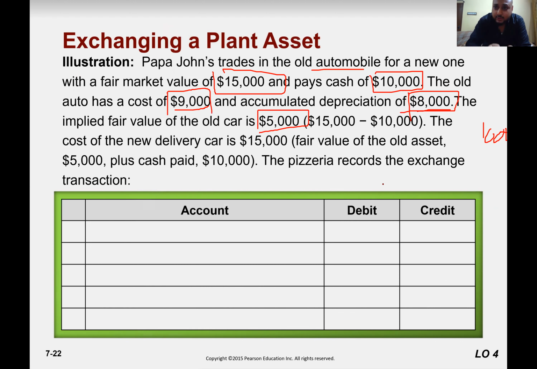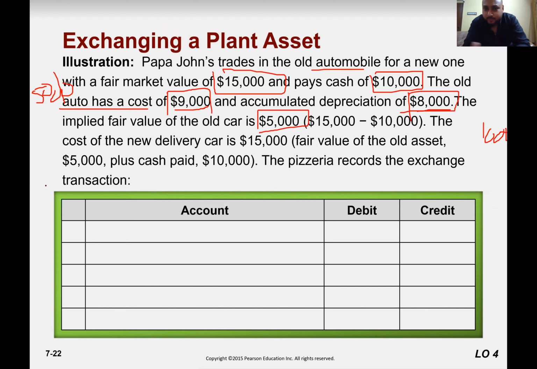But you exchange it for the new one and pay 10,000. It means it's like this old car sold for 5,000. It looks like that, right? So it means there is a gain. Yes. When you sell the old car, there's a gain of 5,000.